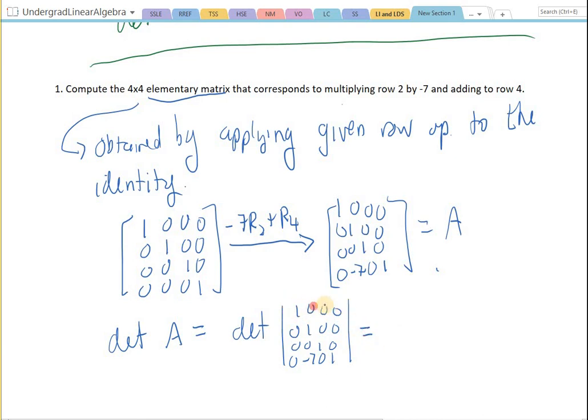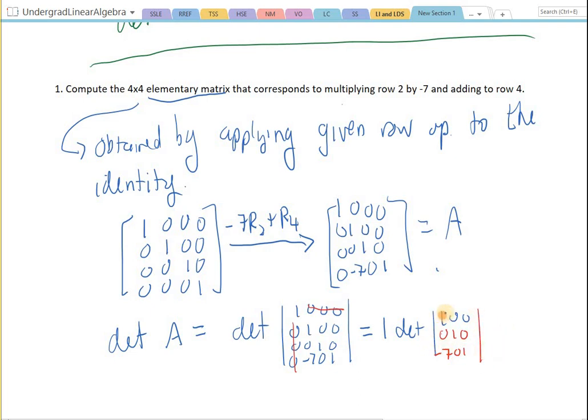If I expand along the first row, I'm going to get 1 times the determinant of the smaller matrix, which is this guy here: 1, 0, 0, 0, 1, 0, and then minus 7, 0, 1. Okay.